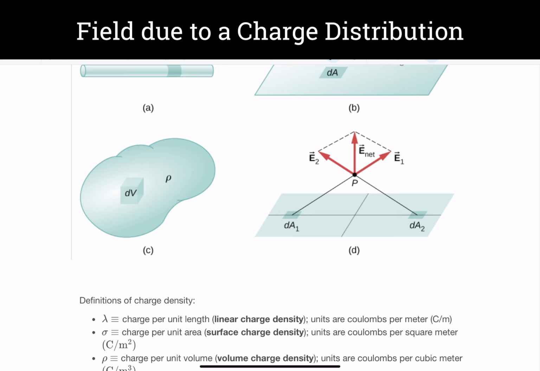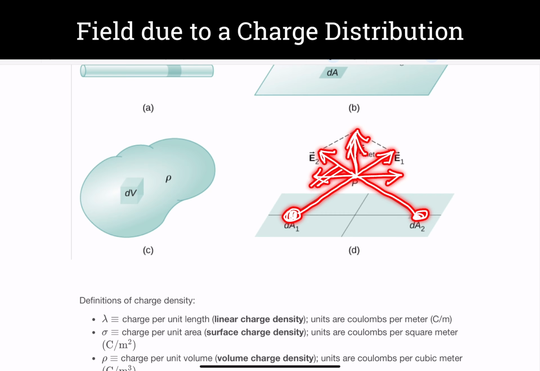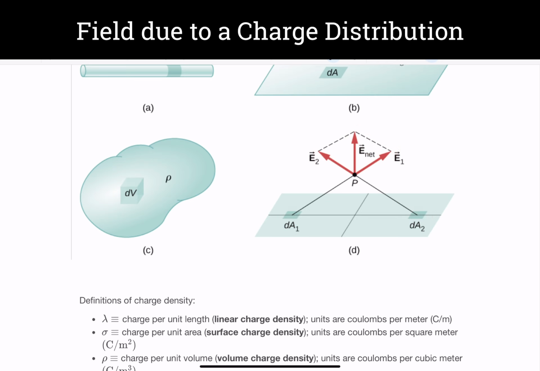Then the charge in each section is going to create an electric field at that point, and that electric field can be broken up into the X component and the Y component. Similarly, the charge here is going to create an electric field in that direction. You break that into its x and y, and you can see automatically that the x components cancel out and the y components add up.